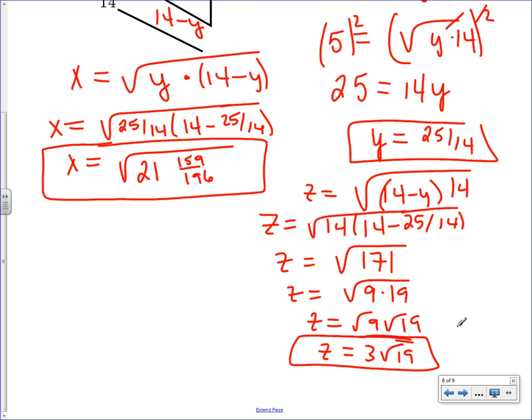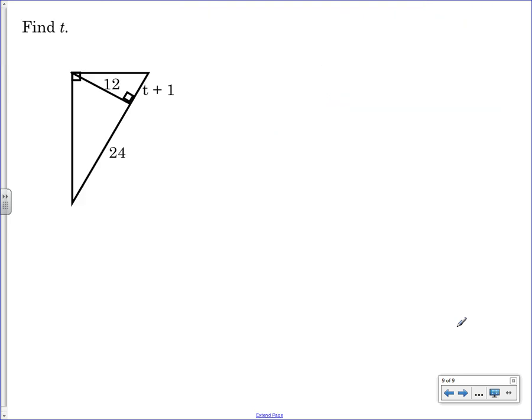On this last question, number 35, I want you just to set it up. I don't want you to solve anything. I just want you to do step 1. And let's see if you can do it without me. We have an altitude, so it's going to be theorem, I think, 8.2. You're struggling on how to set that up?